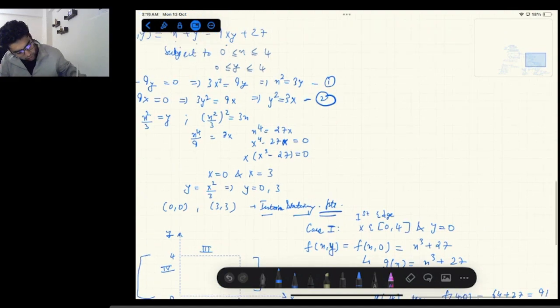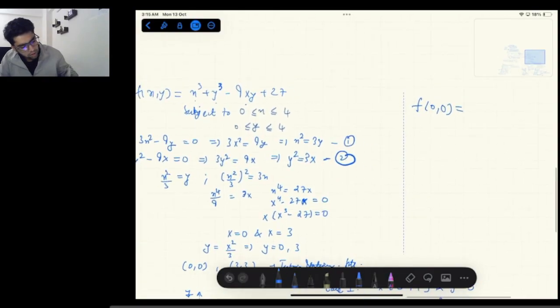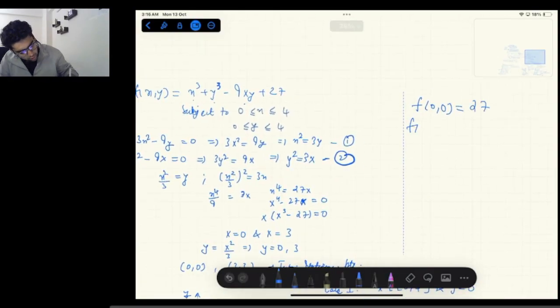So at my stationary points, f of 0 comma 0 becomes 27, f of 3 comma 3 becomes 3 cube 27 minus 9 into 9 is 81. So 27 into 3, 27 is 0. f of 3 comma 3 is 0.